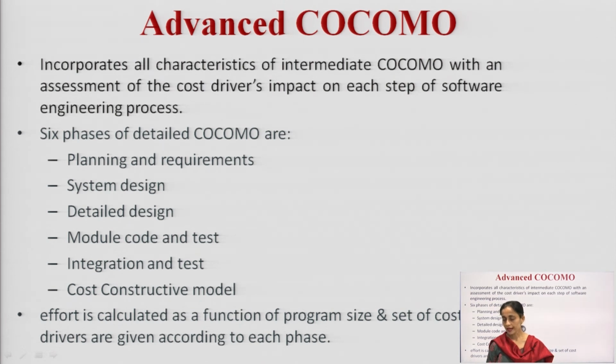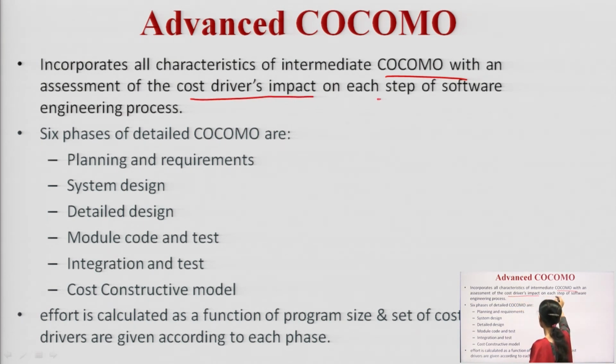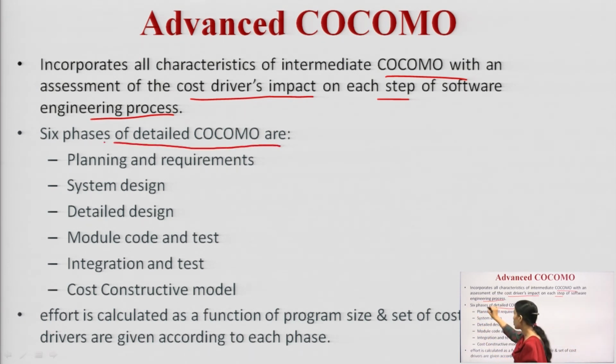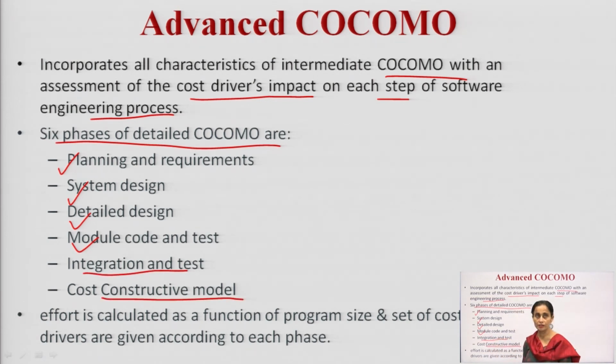Next is the advanced model. It incorporates all the characteristics of the intermediate COCOMO model, with an assessment of the cost drivers' impact on each step of the software engineering process. There are 6 phases for this detailed COCOMO model: planning and requirements, system design, detailed design, module code and test, integration and test, and then the cost constructive model.